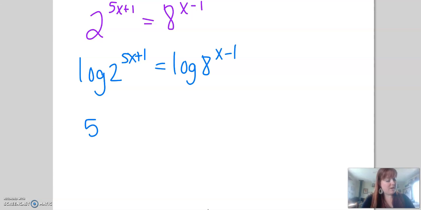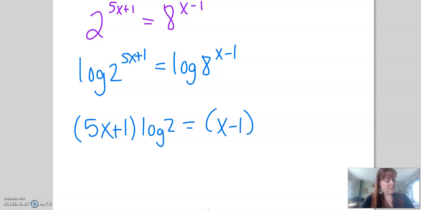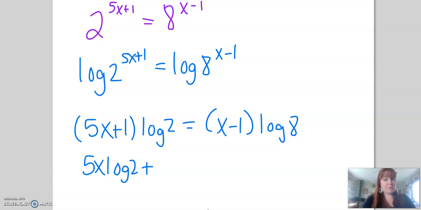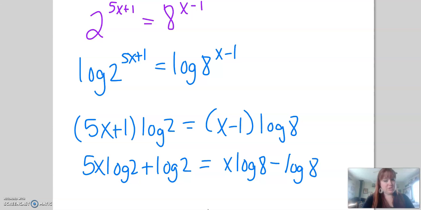So we get 5x plus 1 times log 2 equals x minus 1 times log 8. Now we're going to multiply these things in, so we get 5x times log 2 plus log 2 equals x log 8 minus log 8, because I just distributed both of those in.